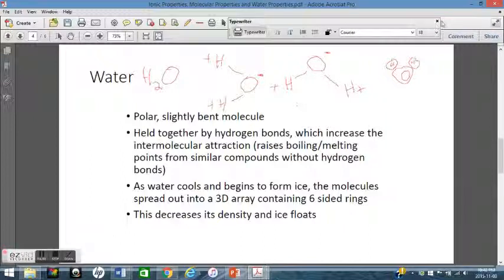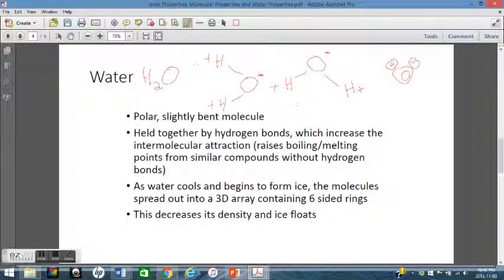I want you to look up, using Wikipedia is just fine, the boiling points of H2S, hydrogen sulfide, H2Se, hydrogen selenide, and H2Te, hydrogen telluride.